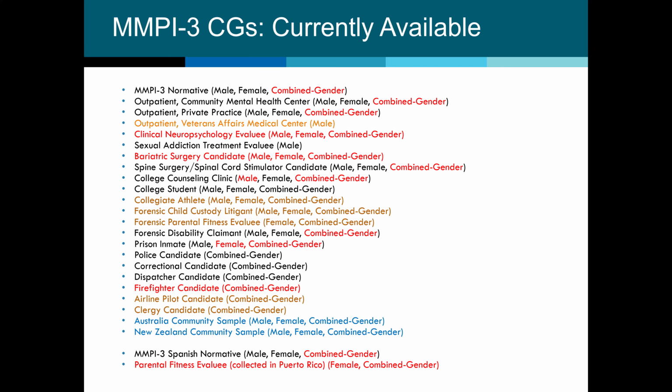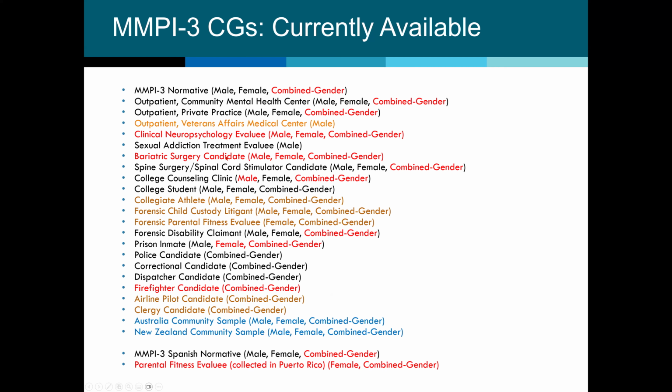It's not necessary when you score an MMPI-3 to specify gender, because we use non-gendered norms. So this allows us now to also not need to specify gender for using comparison groups. We also have added already in the past a sample of clinical neuropsychology evaluees. So these are evaluees undergoing neuropsychological assessments in a clinical context, not a forensic one.